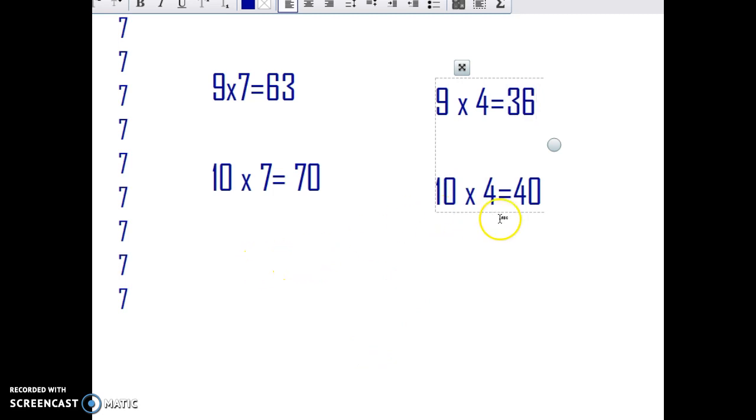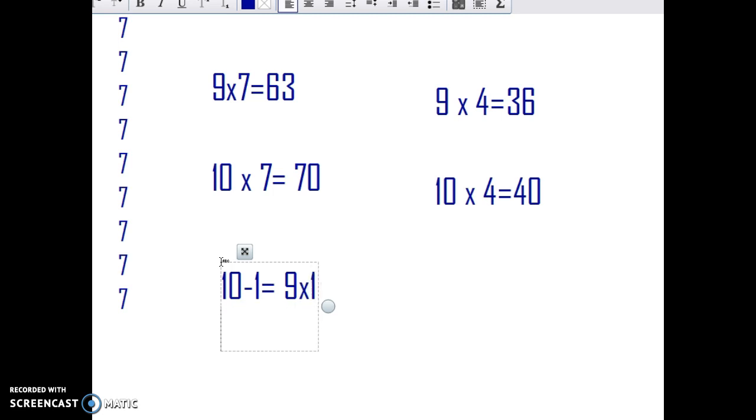Okay, so we can use our tens facts. We learned a lot of, we can use our tens facts, let me finish my sentence, to remember our nines facts. So the pattern goes like this. 10 minus 1 equals 9 times 1.